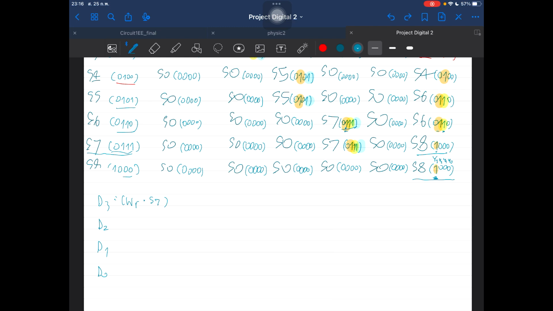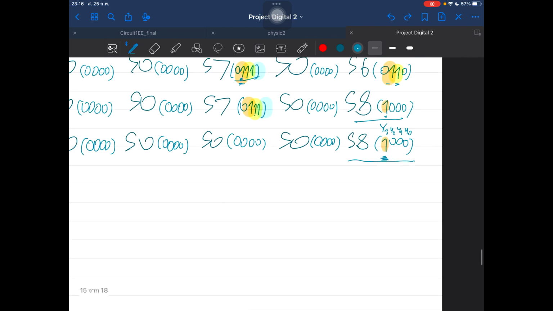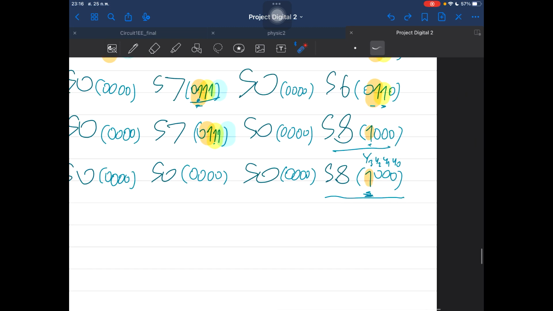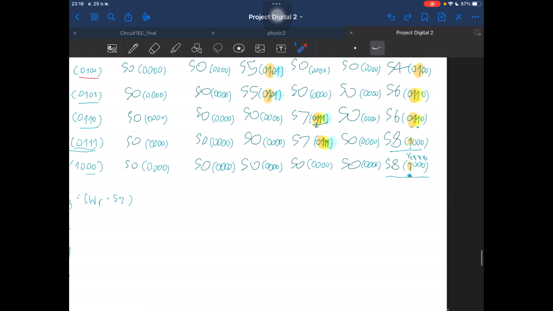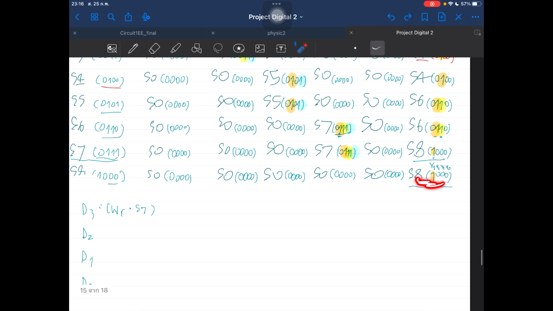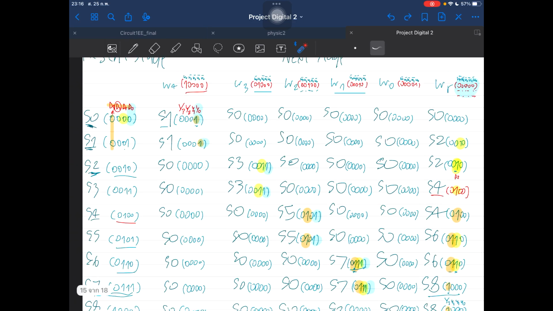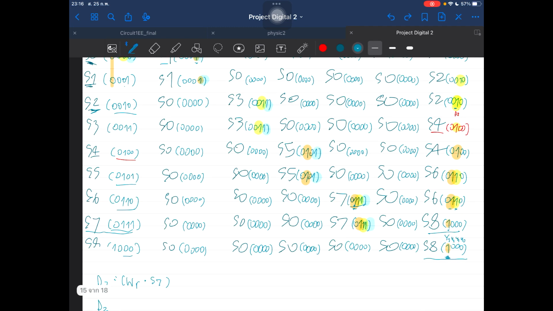And another example is here. D3 in the next state. D3 next state here. Then look at the upper input. The upper input of this is WR, and the name of the state is state X. State X here. And write it.